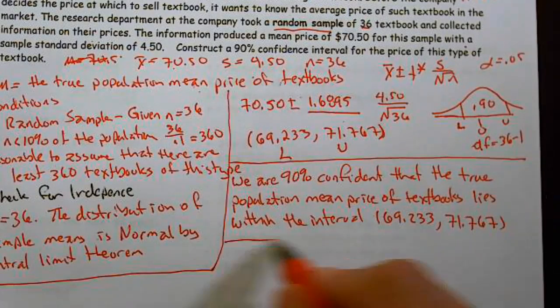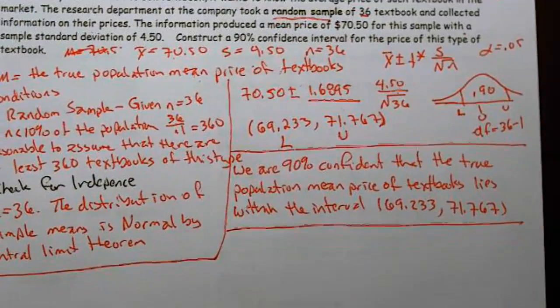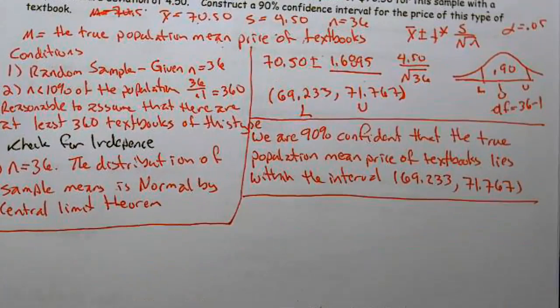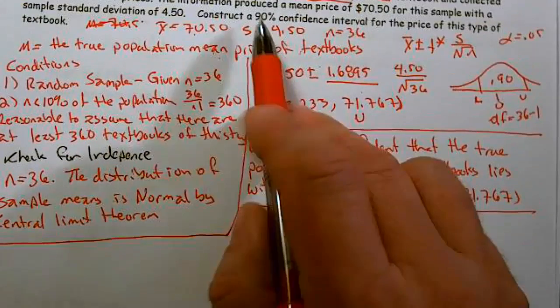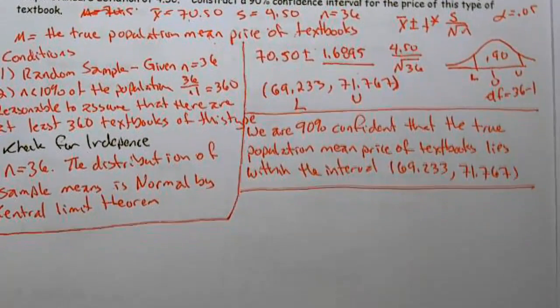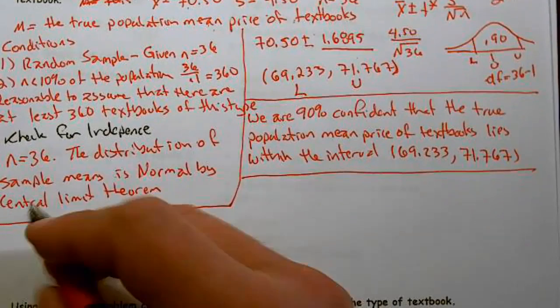Now, they didn't ask us this, but we're going to do it, which is number 12. It says, what if they had asked us to interpret the confidence level? Well, what was our confidence level? Our confidence level was 90%. And when they ask you to interpret the confidence level or the meaning of it, it just means this.